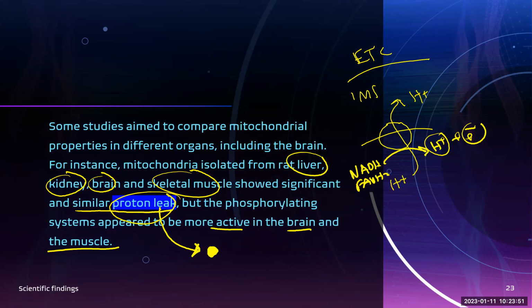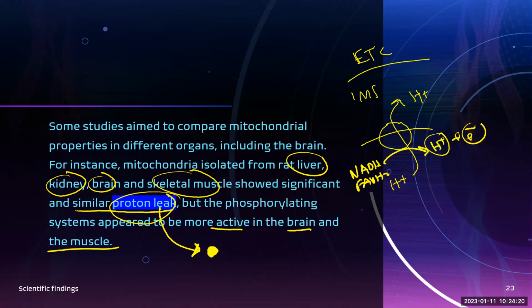So in this rat experiment, they used different organs because different organs have different energy requirements. When the energy requirement is different, they can check if there is any difference in ROS production. The conclusion is similar proton leak.